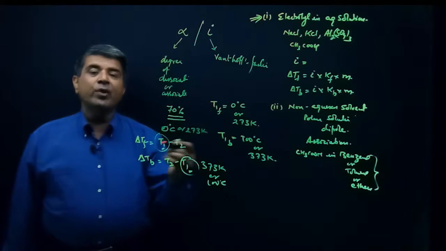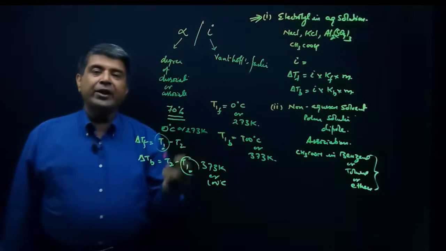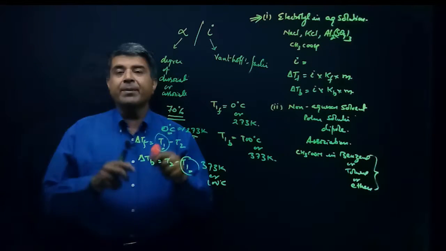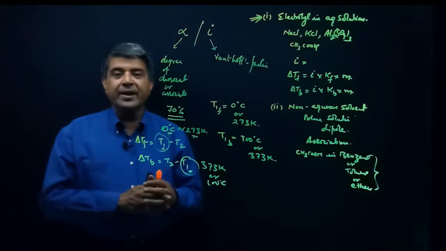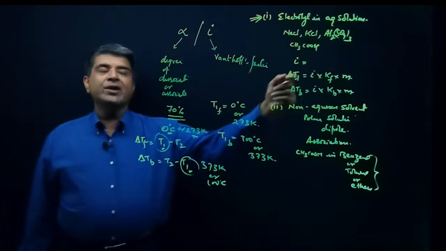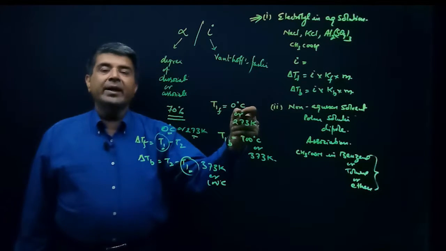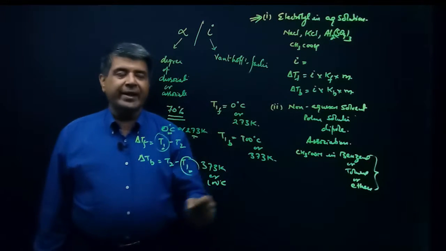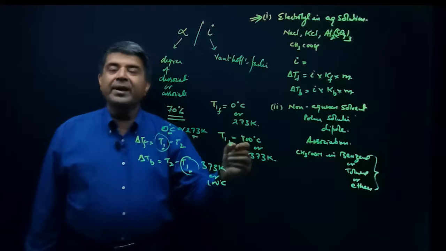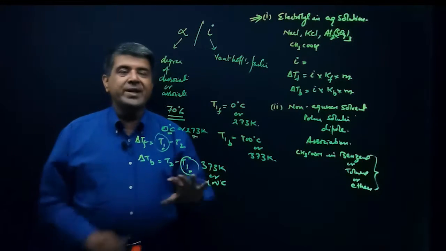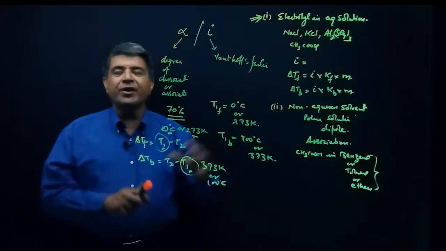So accordingly you have to calculate, either in degrees centigrade or in Kelvin. You will subtract the values according to the equations. So try to remember that when the freezing point is associated with aqueous solution, the freezing point of water is always 0 degrees centigrade, and if it is the boiling point, then the boiling point of water would be 100 degrees centigrade. So these are the common mistakes I have seen over the years.